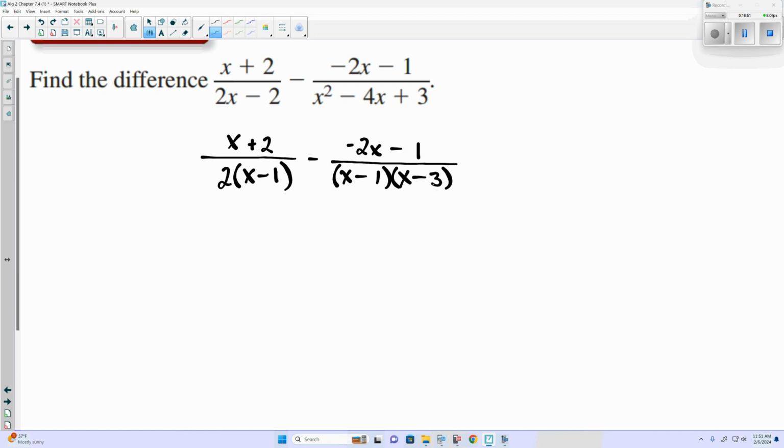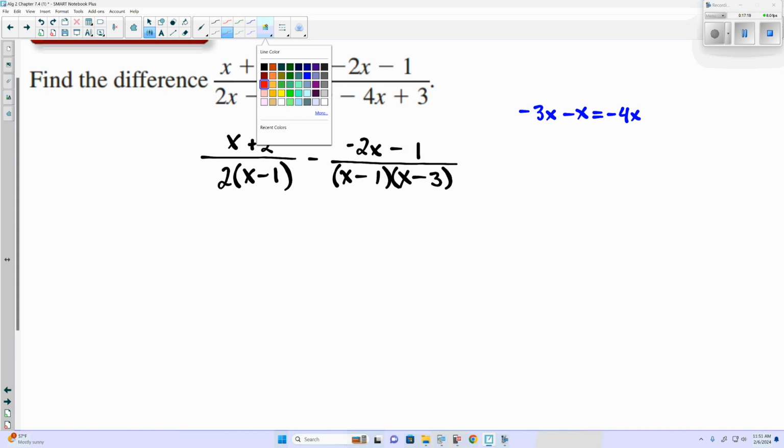There's only one set of factors. Now, if we want to make sure that this is correct, we can check. And we can do this off to the side. X times negative 3 is negative 3x. Negative 1 times x is negative x. Gives us negative 4x. That is the middle term we wanted. So that step there is just to check and make sure we have it set up correctly.